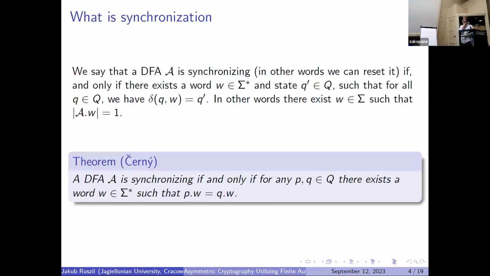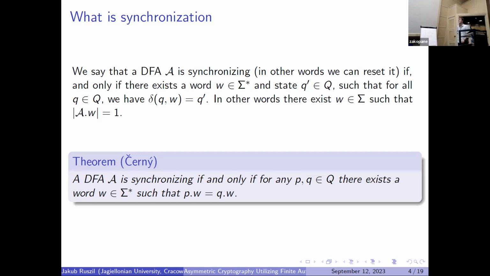Now, what synchronization actually is. I think it's a very simple concept. The formal definition is that we say a DFA is synchronizing if there exists a word W and a state Q prime, such that any other state is transitioned to that Q prime by the word W. In other words, the image of the set of states by that word is equal to some singleton.